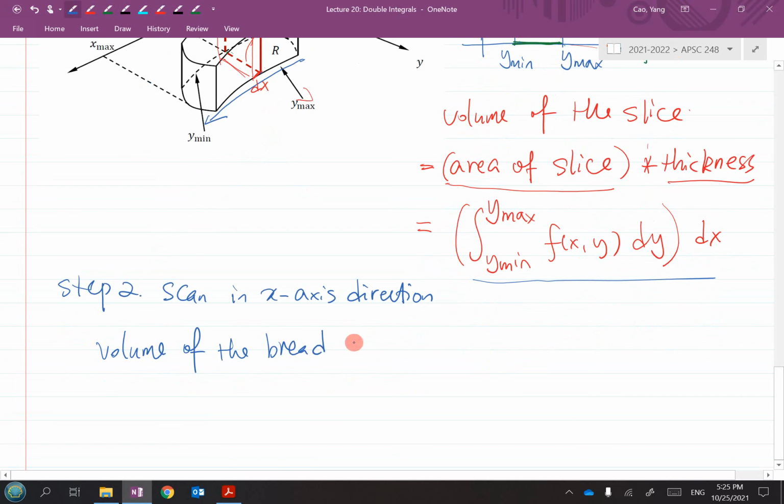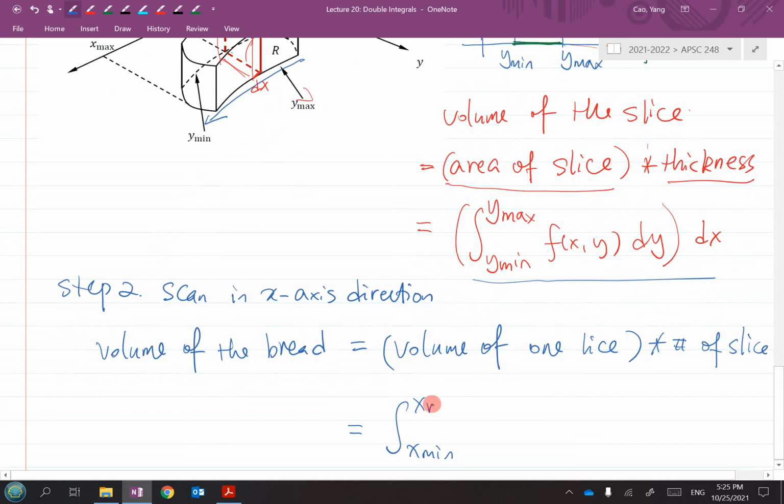Technically, if you use a finite concept, you have the volume of one slice, and then you multiply by the number of slices. But if the number of slices is infinite, then you get an integral. You're integrating from one end to the other end.